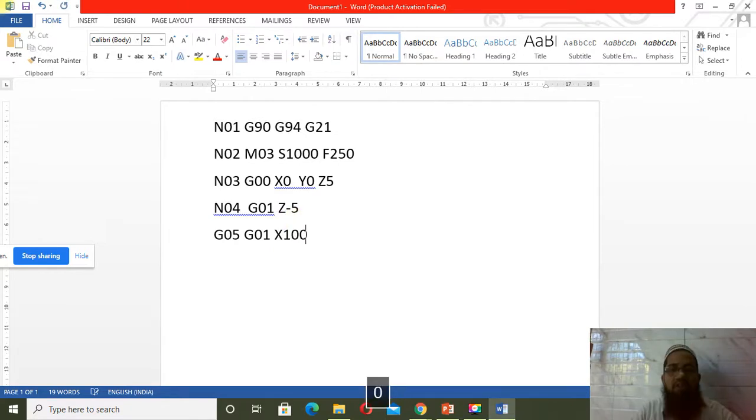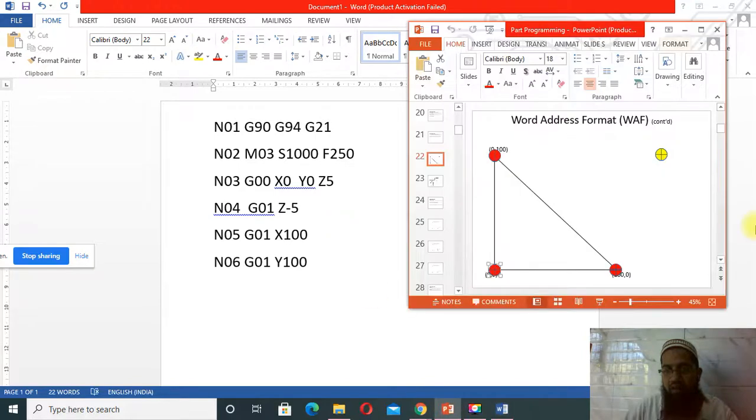Now the tool will move from here to here, because the value with G01 is y equal to 100. Here the value of x is 0. If you write x0, it is okay; if you do not write it, that is also okay.